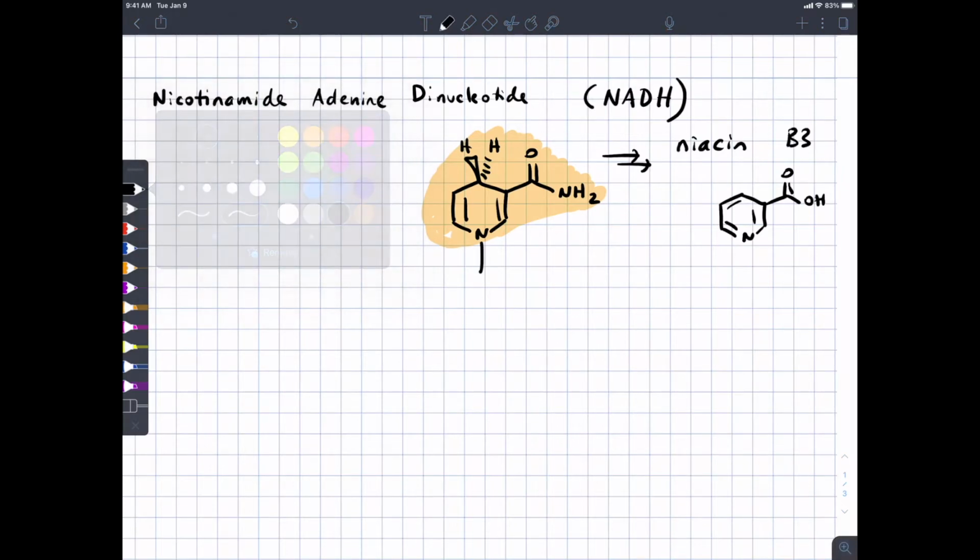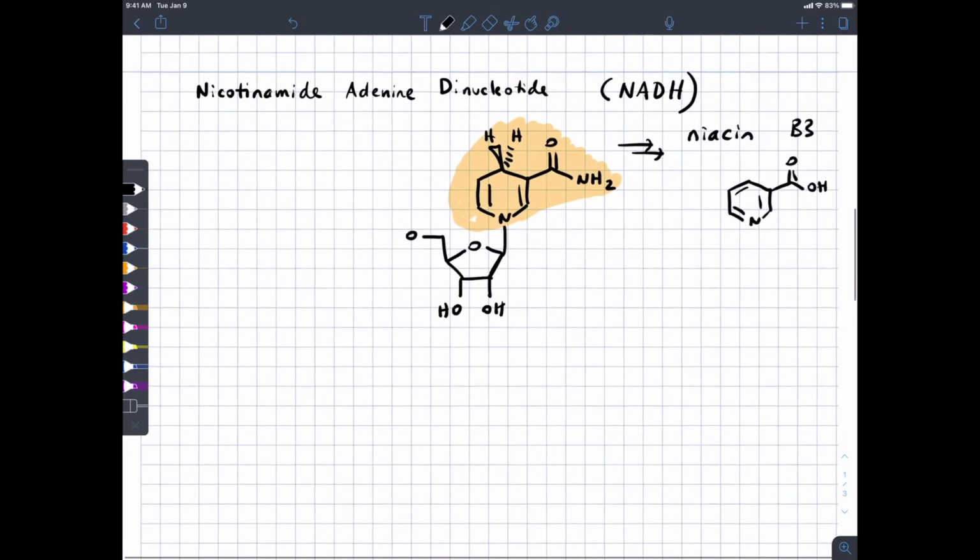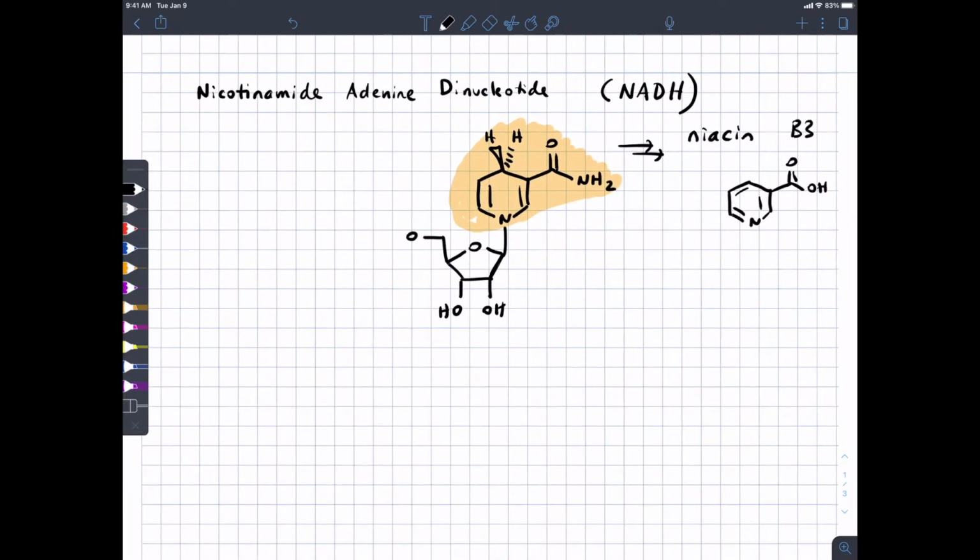Okay, next is the nucleotide part, dinucleotide part. So this nitrogen on the niacin ring is attached to the ribose sugar, which is a 4-membered ring, 2 oxygens, 4-membered, that's 5, count. 5-membered ring. Some of you have watched Sesame Street in your life, that's good. The count. Yeah, so here's the ribose ring.